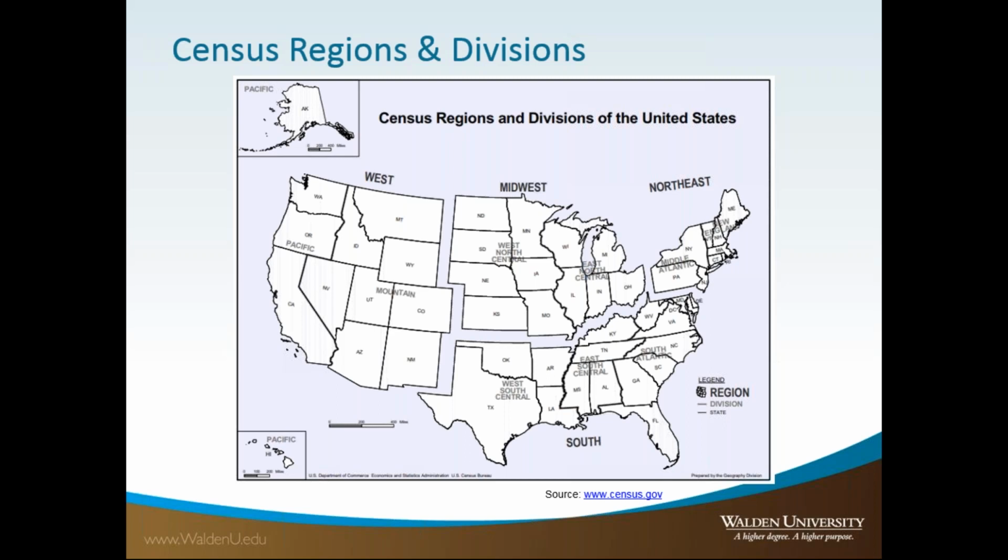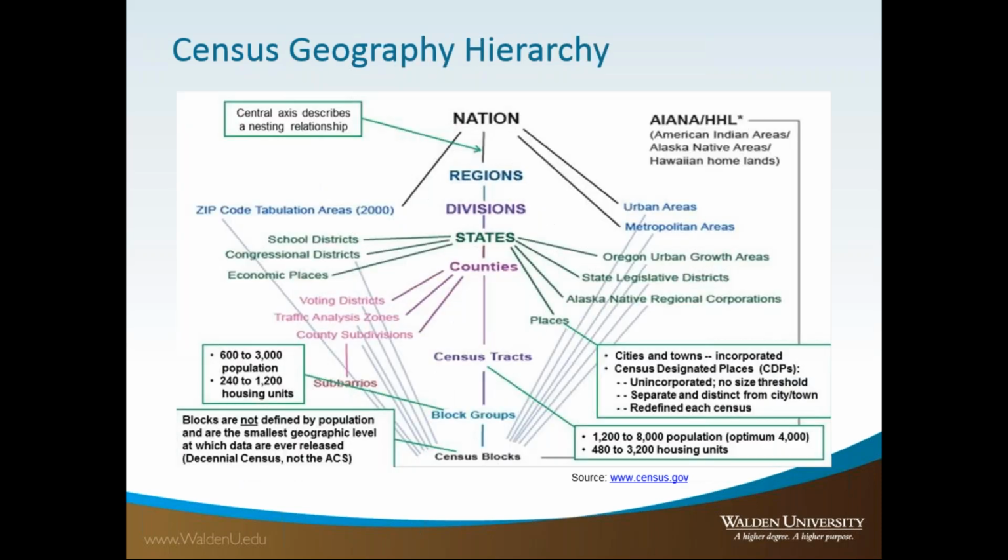So this terminology becomes really important when you go into census.gov and you're wanting to locate data for a particular geographic area. Here's another graphic that illustrates this same hierarchy. You'll notice one thing, if you're looking along this central column, you don't see a category for cities or towns.